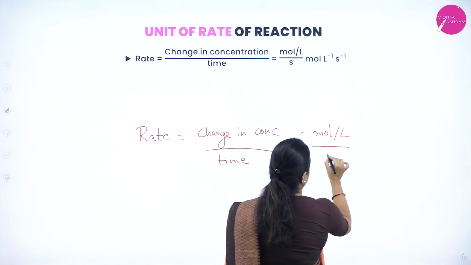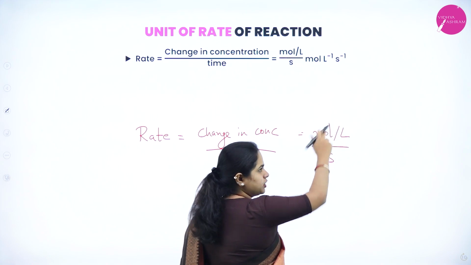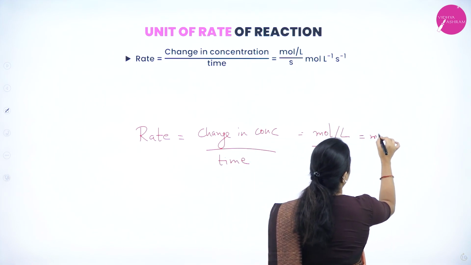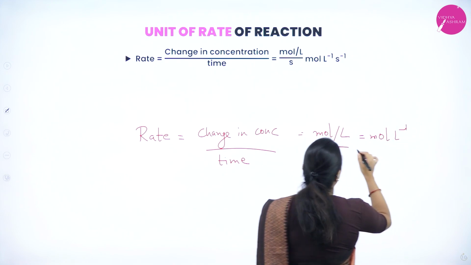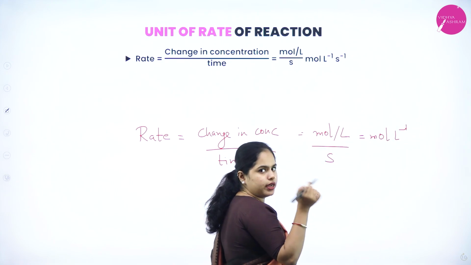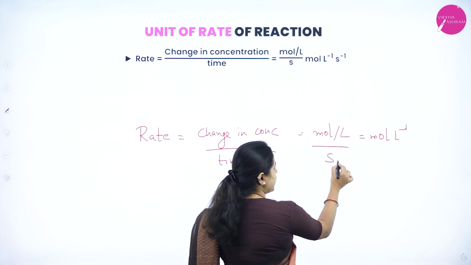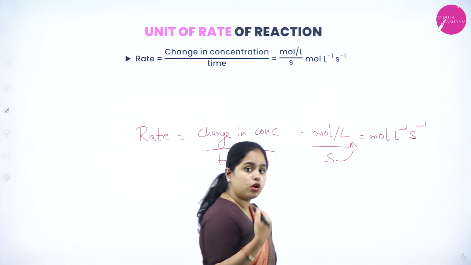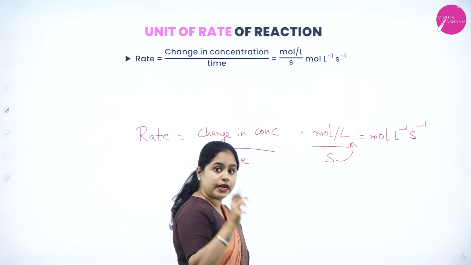It is second. So if I am taking the second to the numerator, and here mole per liter, how can I write it? Mole liter inverse, right? This is per liter, so I can write it as liter inverse, and this second, when it is taken to the numerator, also becomes second inverse. So what is the unit of rate of a reaction?